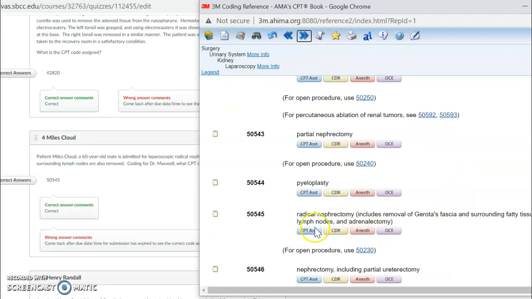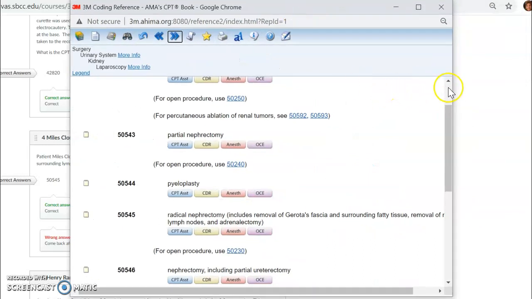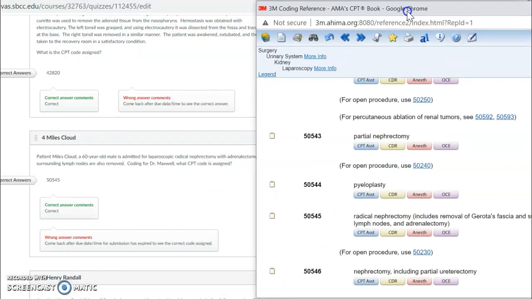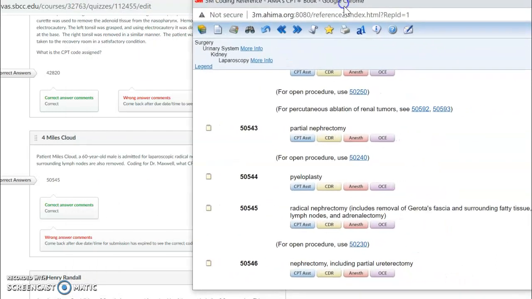We go down to here to the radical because that's what they did. They removed, let me pull my book over here a little bit, they removed the fatty tissue, lymph nodes, the adrenalectomy, just exactly what the report stated. So that one really wasn't an issue with students. So if you have any questions on that one, let me know. But overall, that was a good one.